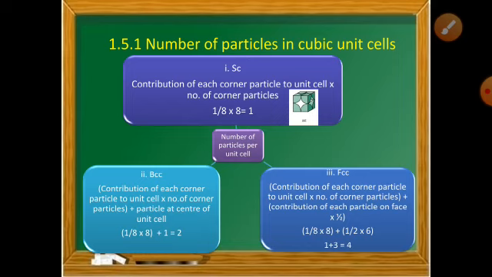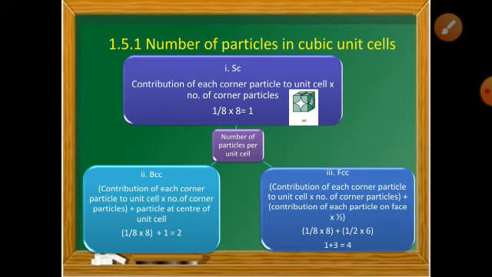Now, you know, in an SC there are 8 particles at the 8 corners, but one corner of this unit cell is attached with 7 other unit cells in the crystal structure.